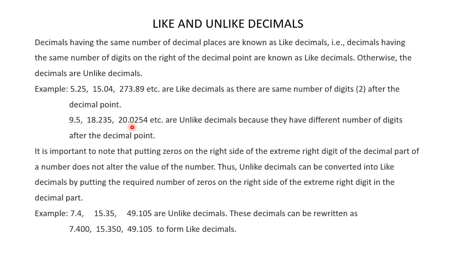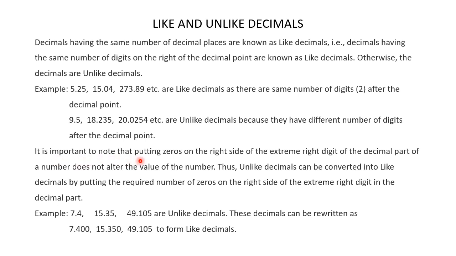So these three numbers are unlike decimals because they have different numbers of digits after the decimal point. So like decimals have the same number of digits after the decimal point. Unlike decimals have different numbers of digits after the decimal point.